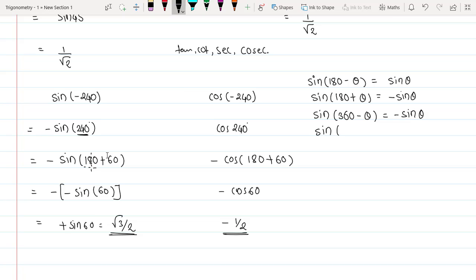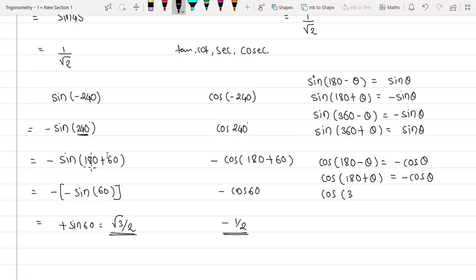Sin of 360 plus theta, which is equals to plus sin theta. ये हो गए साइन के लिए. कॉस के लिए क्या होगा देखो, कॉस ऑफ 180 माइनस थीटा इज नथिंग बट सेकंड क्वाड्रंट है, सो सेकंड मध्ये कॉस इज नेगेटिव, सो इट्स माइनस कॉस थीटा. कॉस ऑफ 180 प्लस थीटा इज अगेन माइनस ऑफ कॉस थीटा, but cos of 360 minus theta is equals to positive cos theta, and cos of 360 plus theta is again positive cos theta.